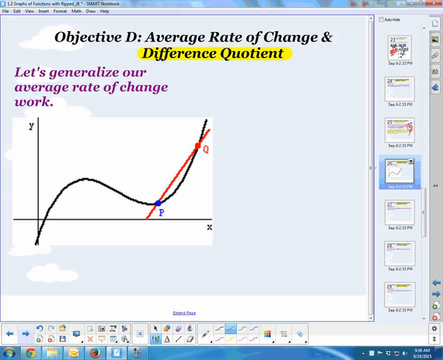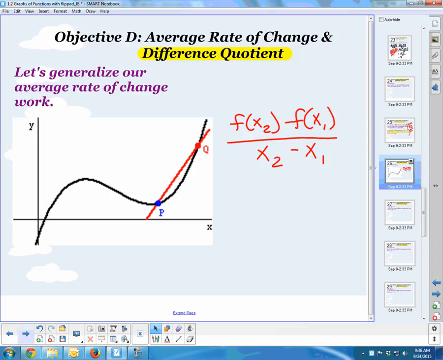Before, we had our average rate of change formula being f of x sub 2 minus f of x sub 1 over x sub 2 minus x sub 1. What we're going to do is generalize this a little more. Instead of having specific values for x, we are going to have our point P, and we're going to give it coordinates x comma y, and we're going to leave that as is.